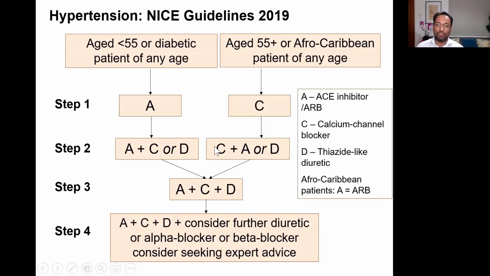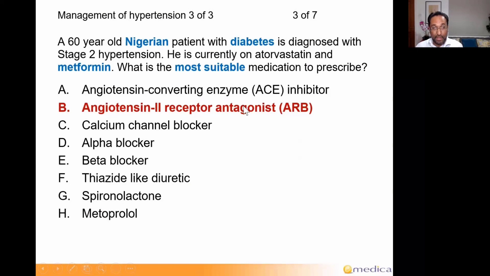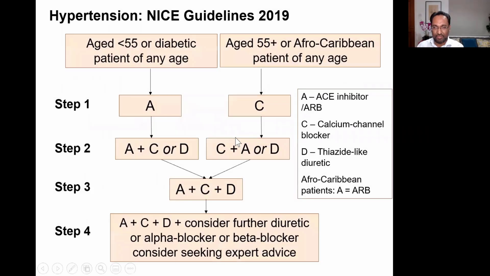In the new guideline, patients who are Afro-Caribbean, whenever they need an A-class drug, whether that's here, or here, you go straight to ARB rather than ACE inhibitor, because the evidence is that it's more effective. And so because they're diabetic, we're going to start here, but because they're Afro-Caribbean, that A isn't ACE inhibitor, it's ARB. That's why it's B, angiotensin 2 receptor antagonist, ARB. So, it's a high challenge question.